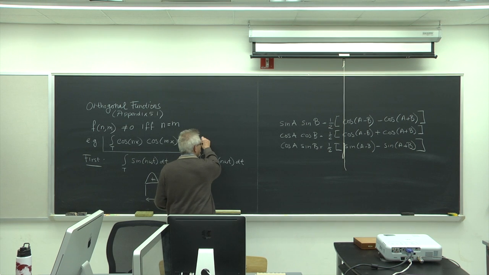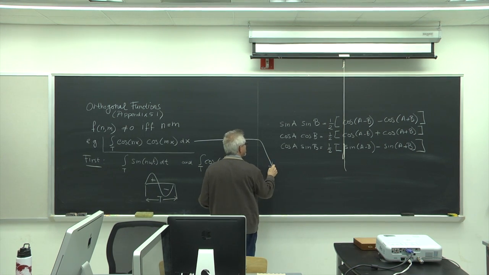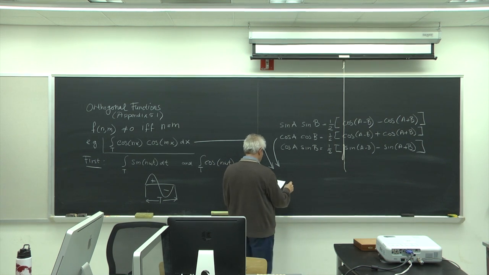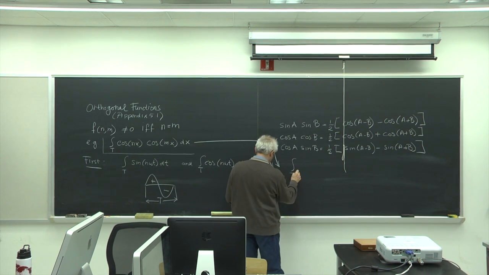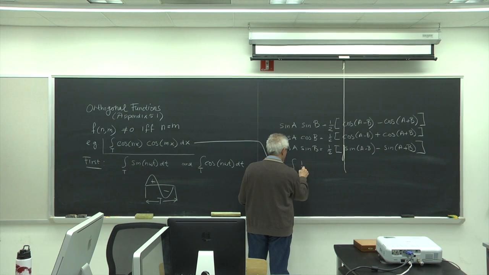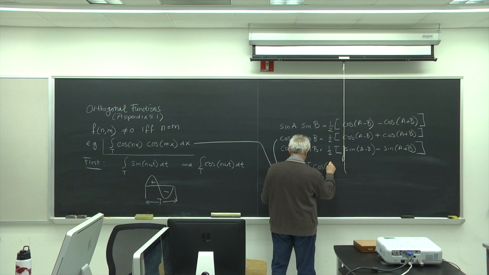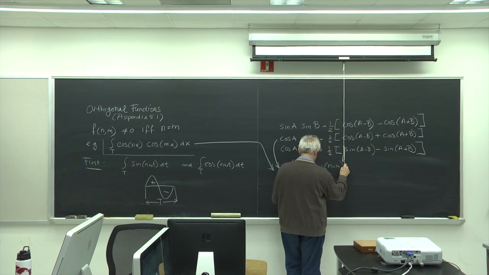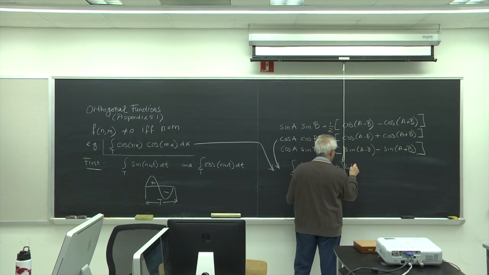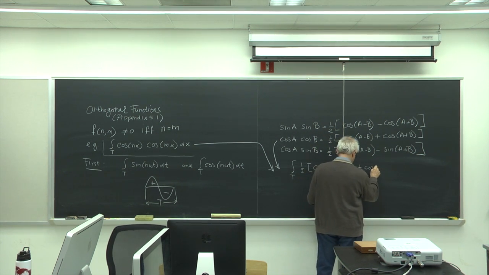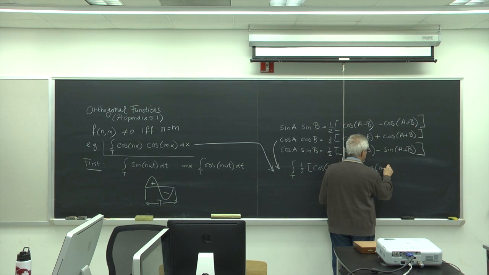So now by combining this and that, I can rewrite this integral as the integral over a full period of 1/2 times cos(n minus m) plus cos(n plus m).